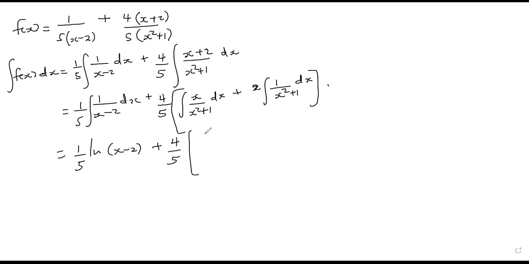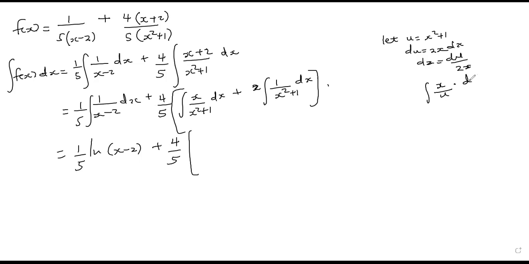Why a half ln? If you let u equal x squared plus 1, to mean that du is going to equal 2x dx. So my dx is going to equal du over 2x. So the integral becomes the integral of x out of, instead of x squared plus 1, I write u, times dx.